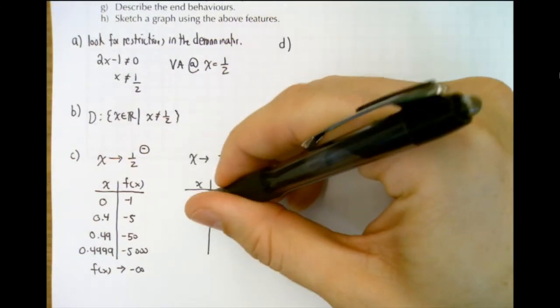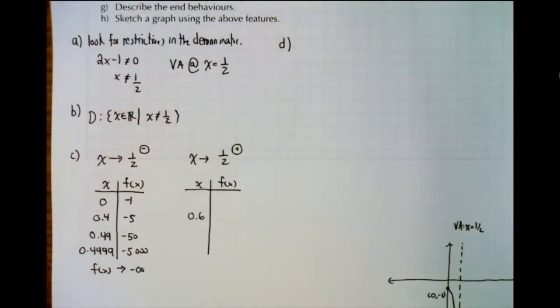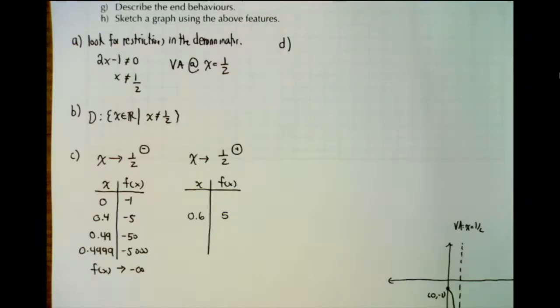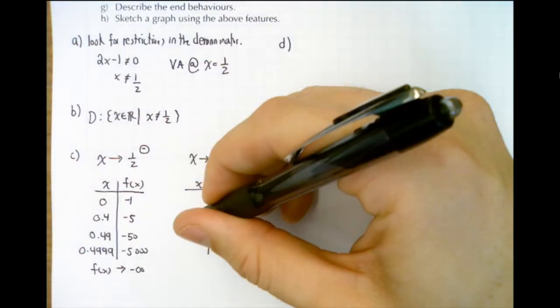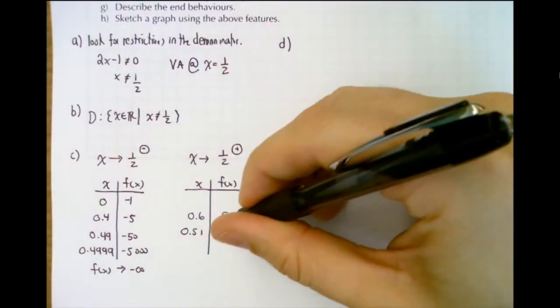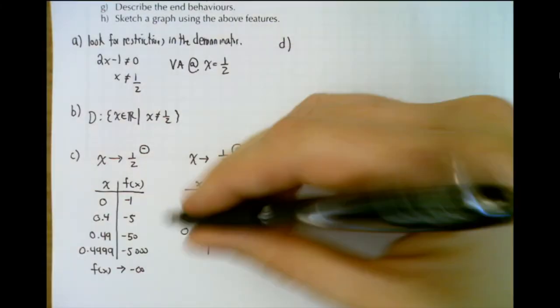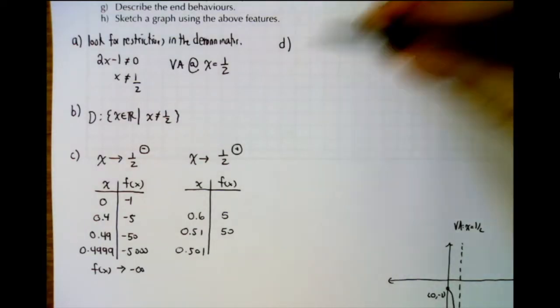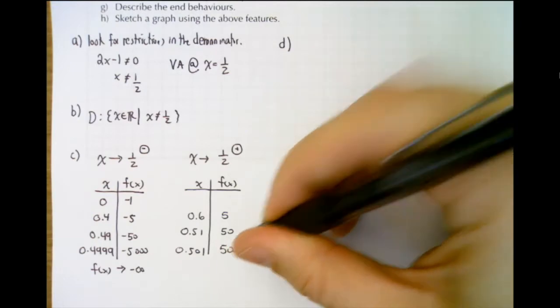So like 0.6. If we plug in 0.6 to our equation and solve, we get 5. If we plug in 0.51, we get 50. If we plug in 0.501, still bigger than half, we get 500.